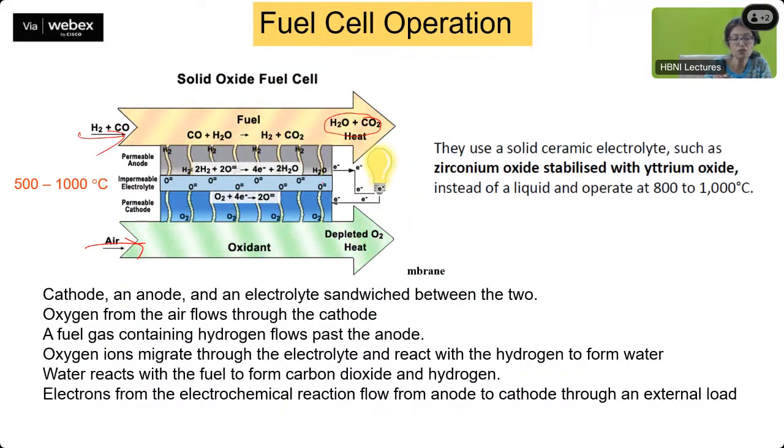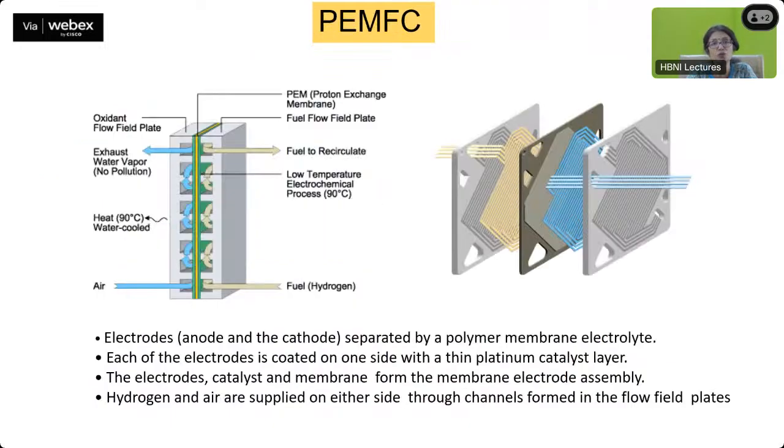As you can see over here, the electrons flow in this direction through an external load. So as long as the reaction is happening, as long as you have the continuous flow of oxygen and the fuel gas, you are able to generate this electron flow from the electrochemical reaction from the anode to the cathode through an external load.